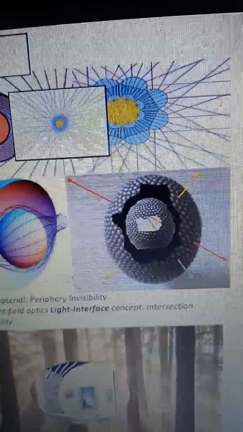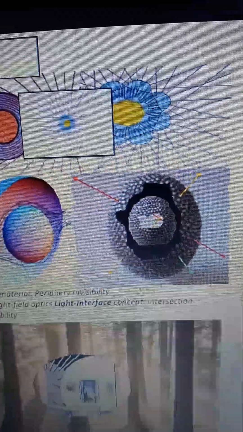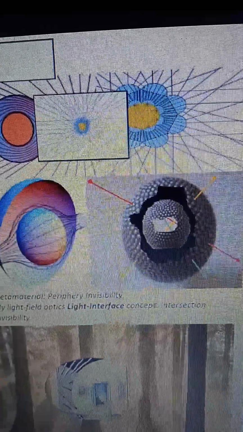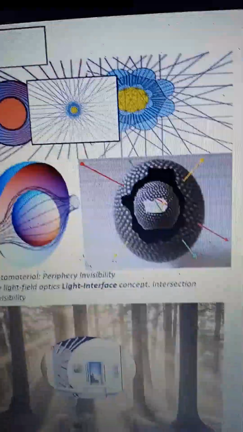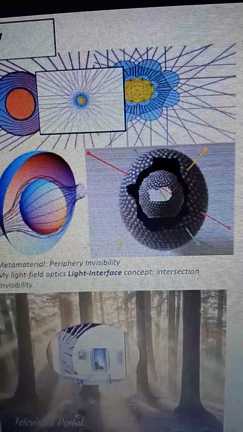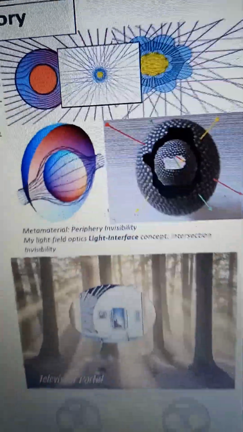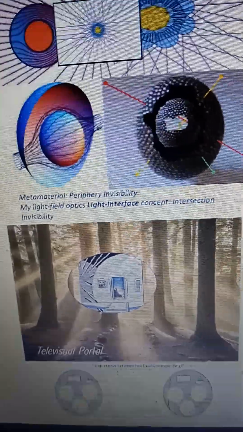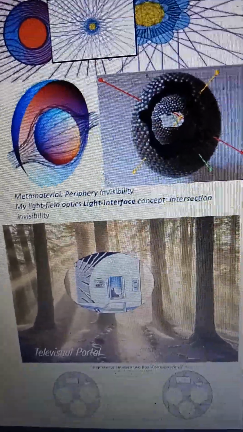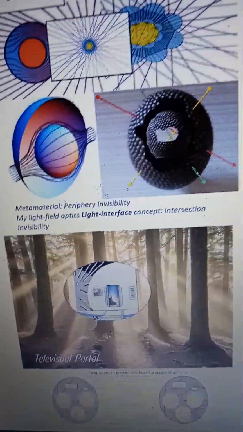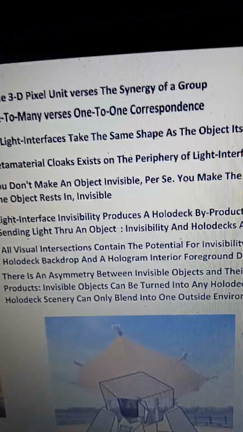And of course, the sphere, the highest form of three-dimensional invisibility, radiates in a three-dimensional array, three-dimensional rays of light. It loses its identity, and that's what makes the televisual portal possible. Okay.